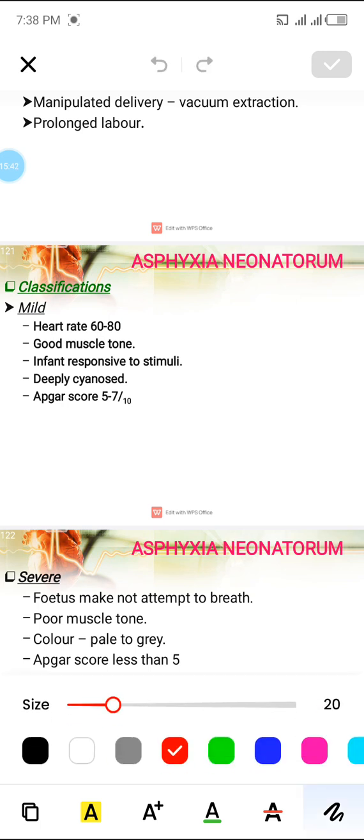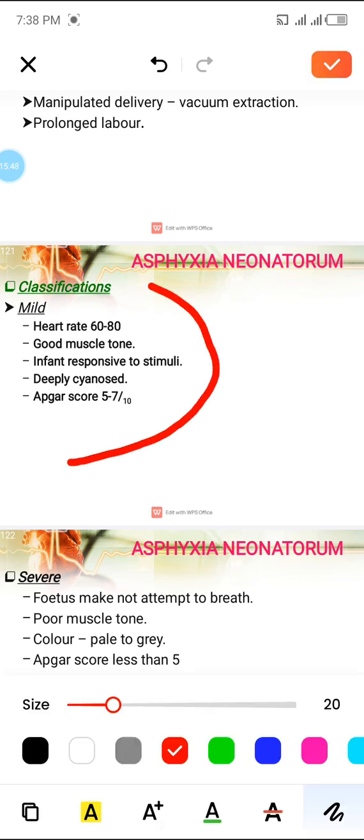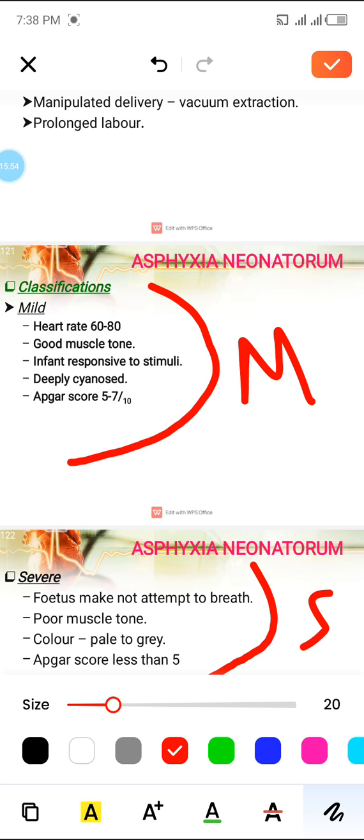But this time, what is encouraged is that we only use two classifications, which is here, where we're looking at mild, and another one which is here, where we're looking at severe. So you only need to have two classifications, which is mild and severe. So when you check NMCZ questions, you discover that there is a question which will ask you about the classifications of asphyxia.